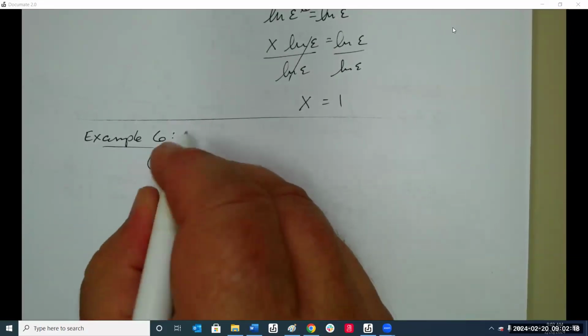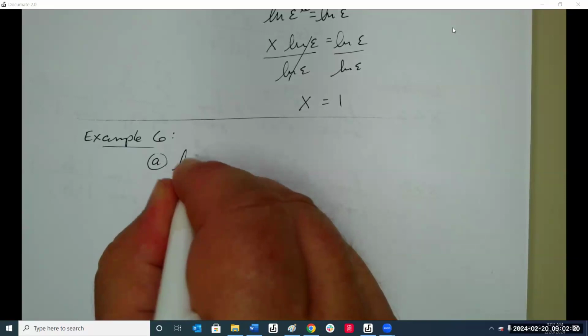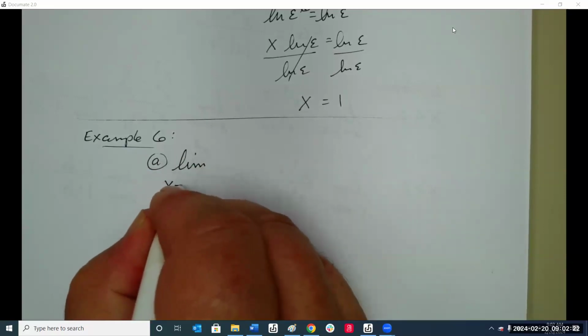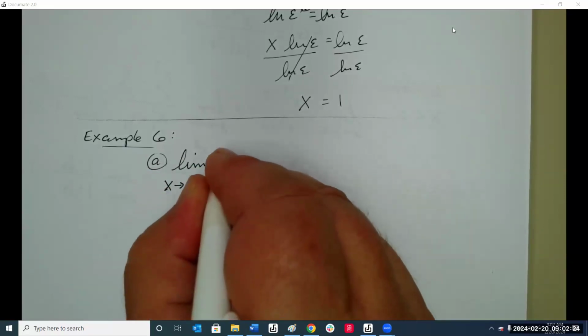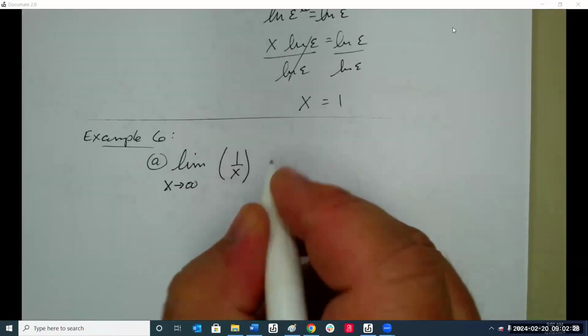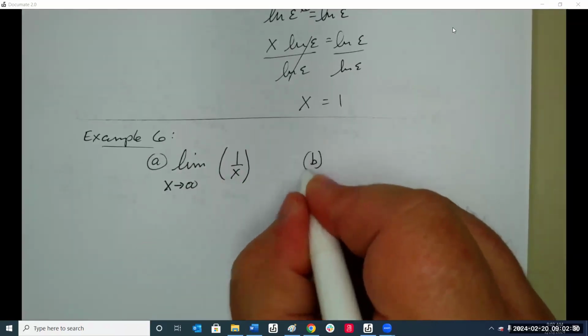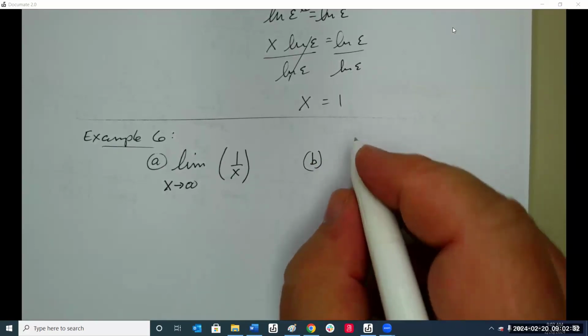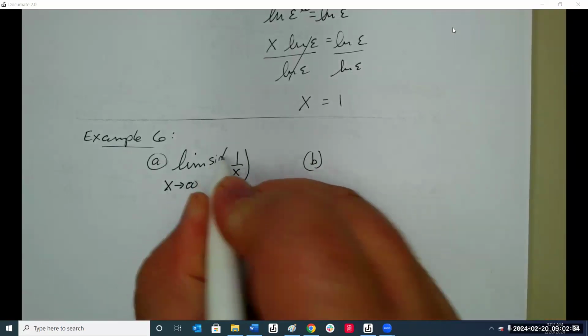A. Find the limit as x approaches infinity of sine of 1 over x, I'm sorry.